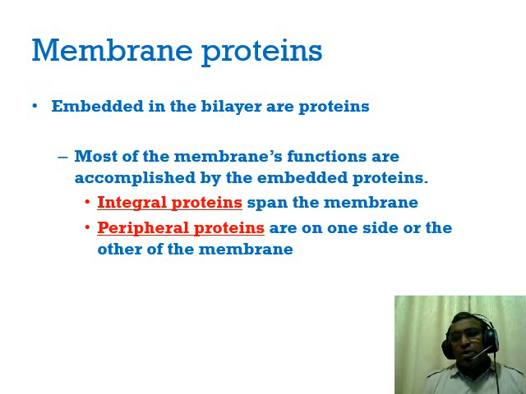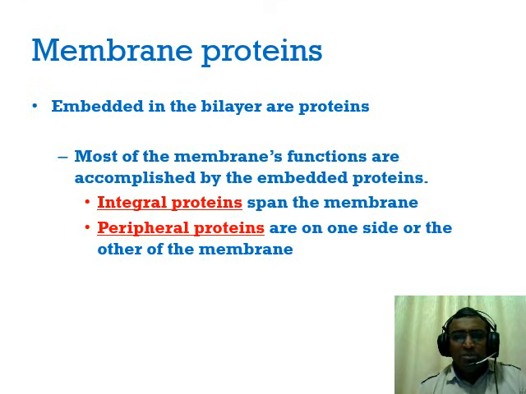So upon knowing more about the lipid bilayer and how it is formed, and also the four characteristics, now we look into another component of the cell membrane, that is the proteins, the membrane proteins.